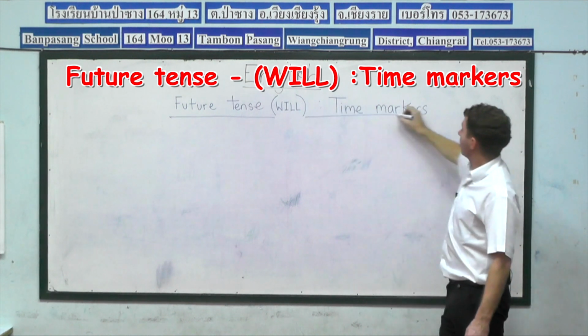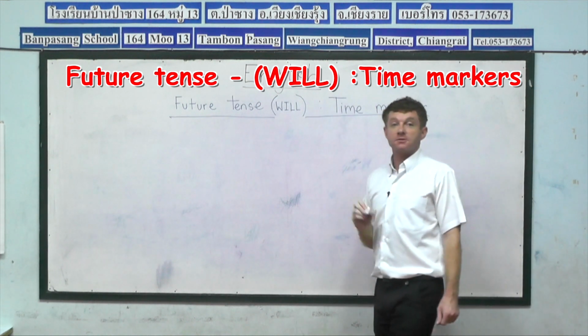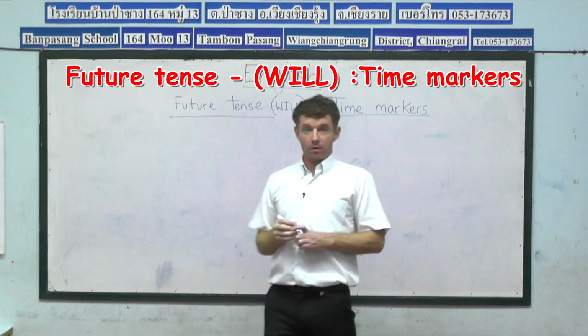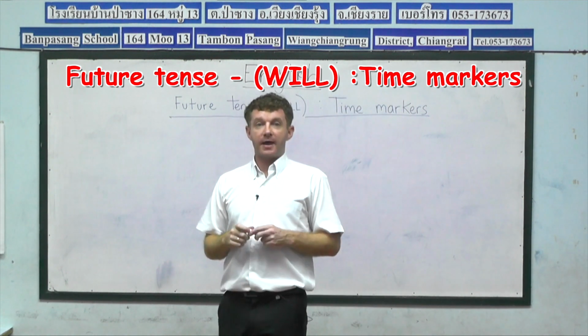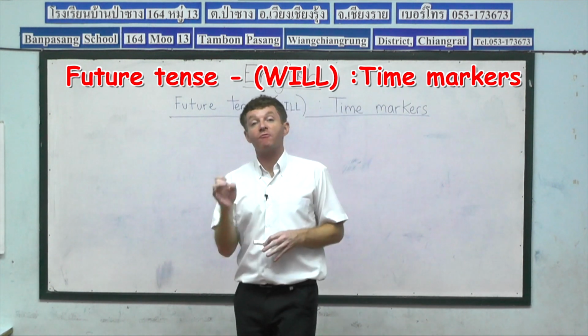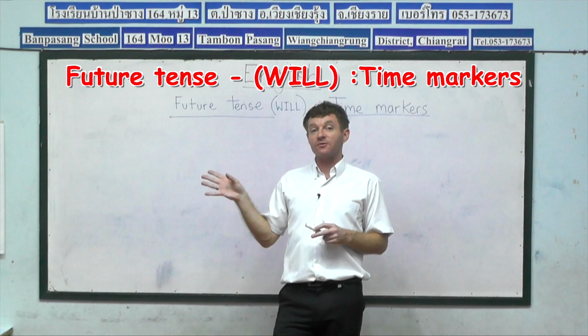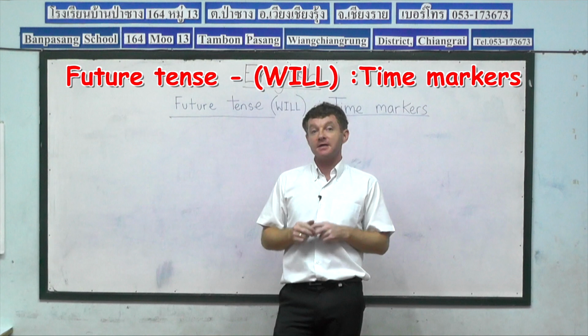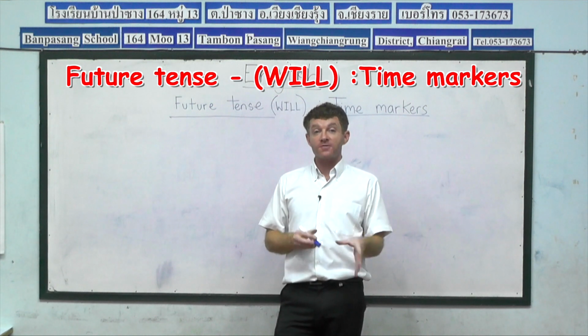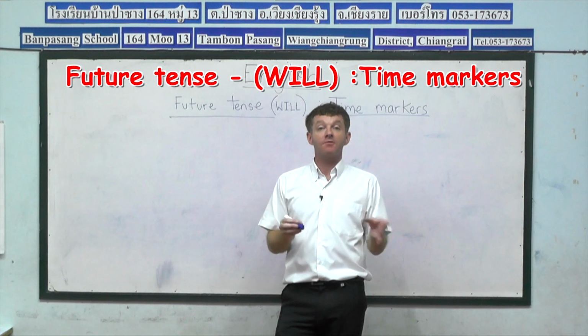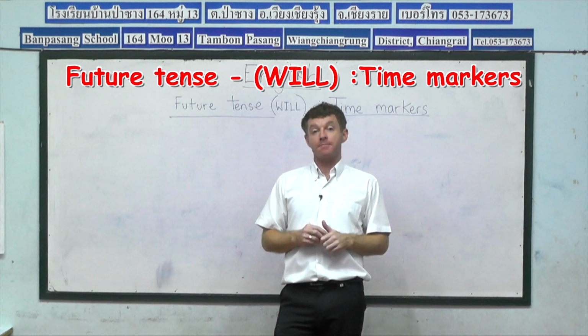M-A-R-K-E-R-S. So altogether, future tense, time markers. Okay, now I'll demonstrate with a brief recap exercise of doing some sentences about future actions. And then I'll ask my students if they can come forward and give an appropriate future tense time marker.